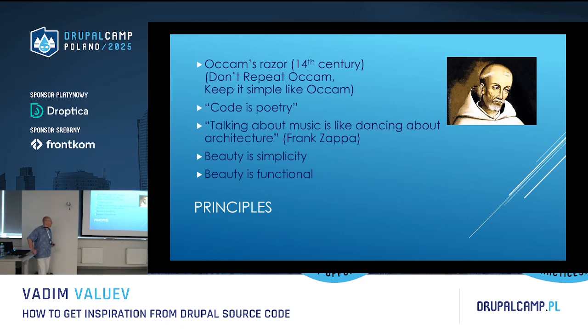Okay, and let's start from the very beginnings of development, from the 14th century. This is my favorite engineering principle. It comes from the 14th century and is called Occam's razor.